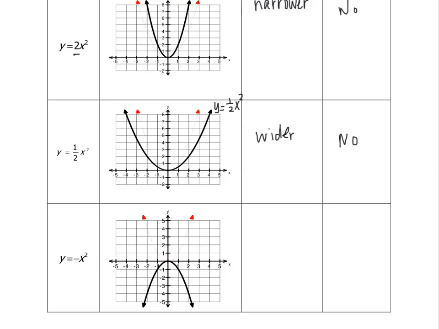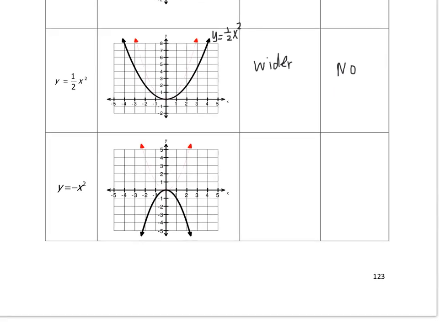And then the last one here has the a value equal to -1. This one doesn't appear to have changed at all in the width, so no change. But it has reflected. So the negative seems to reflect the graph.